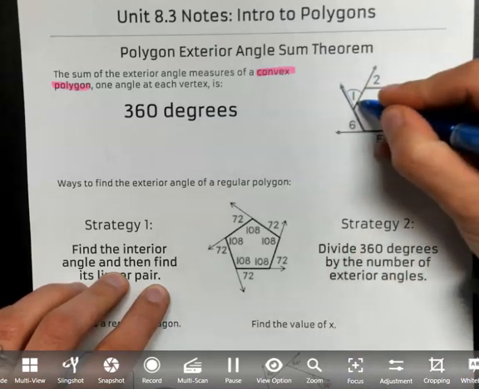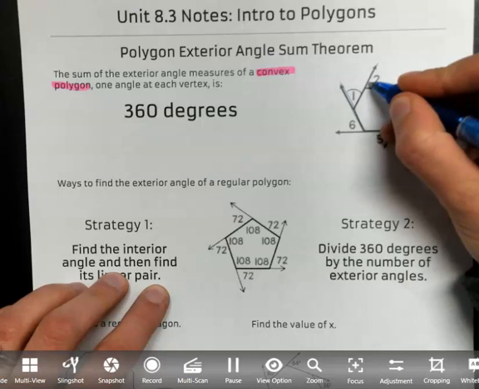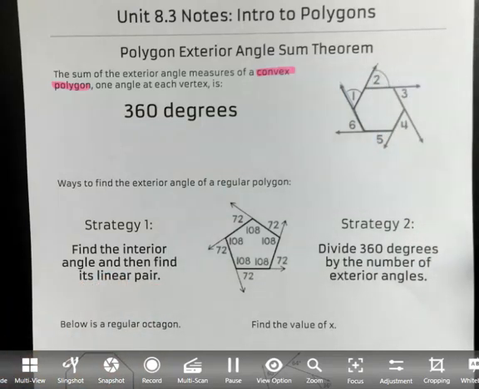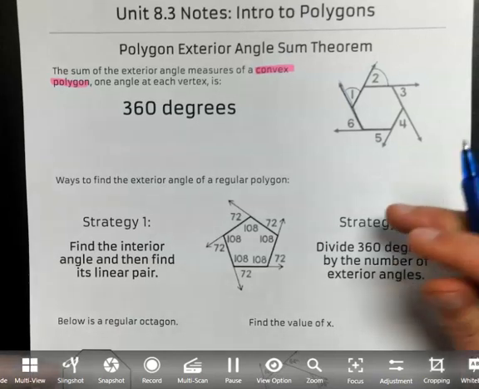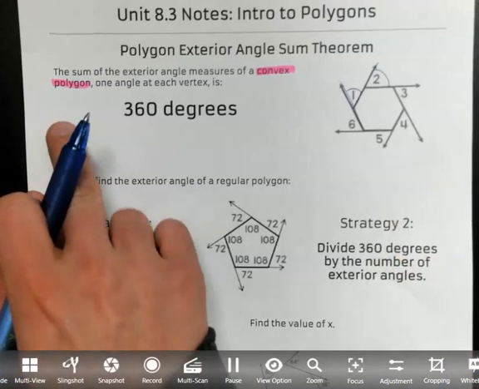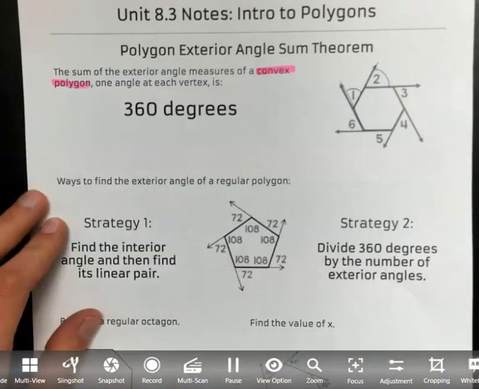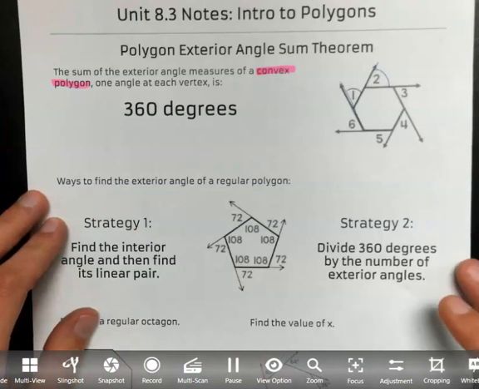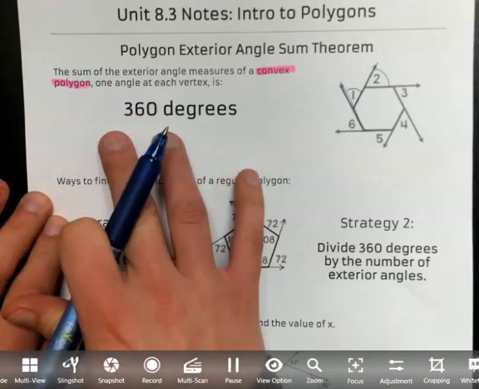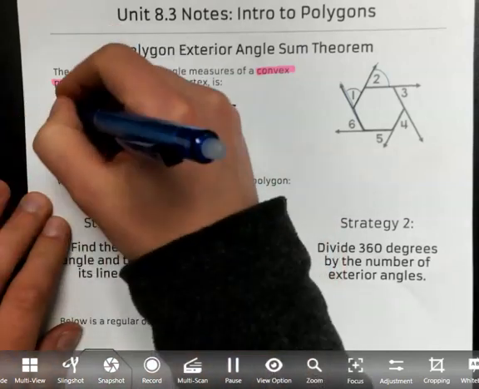Here's another side from my polygon, I draw a line, I extend that, so that would be an exterior angle on that polygon. Now the rule we have for exterior angles is that all convex polygons, whether they're regular or irregular, it does not matter, their exterior angle sum is equal to 360 degrees.